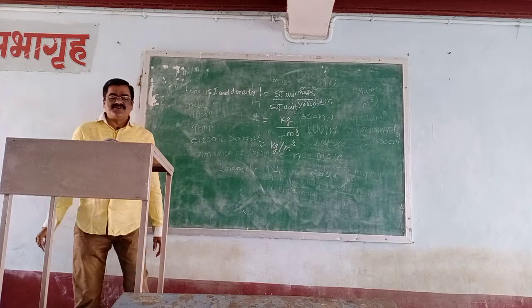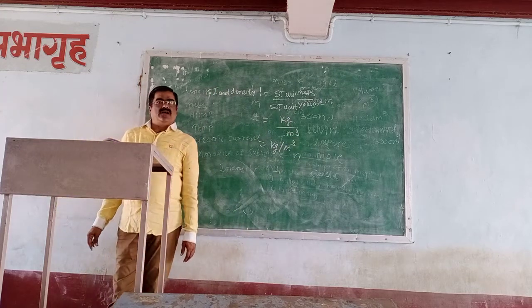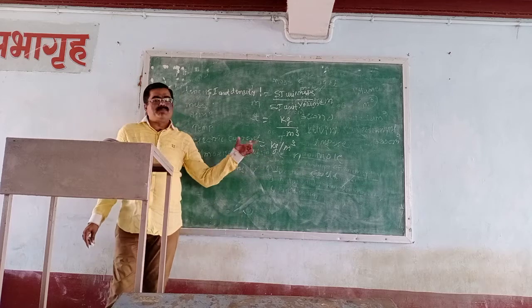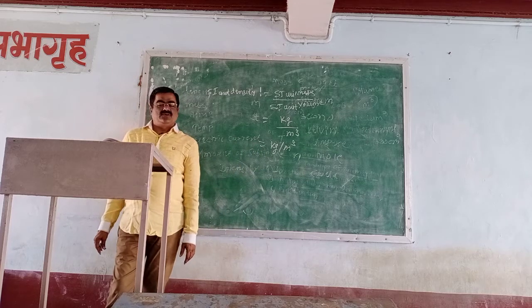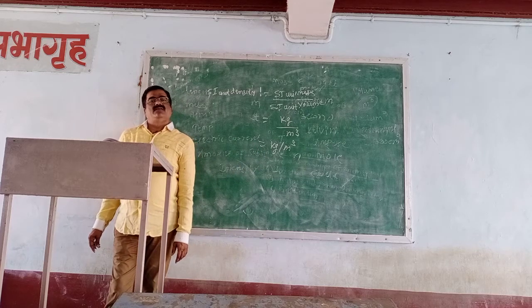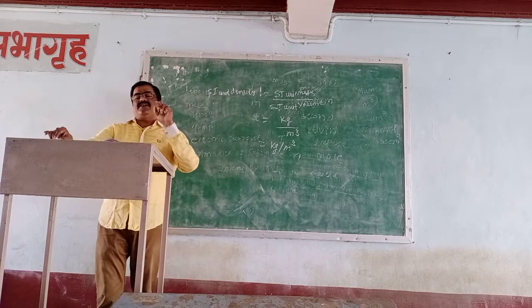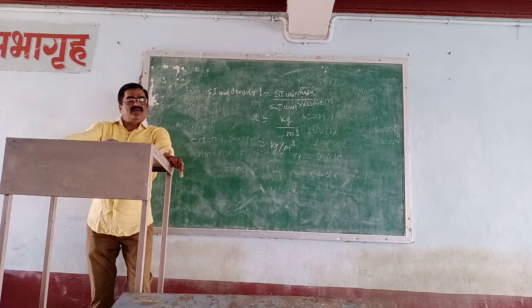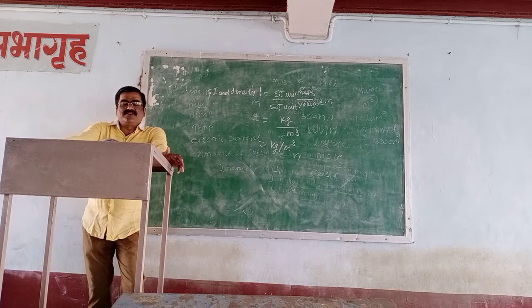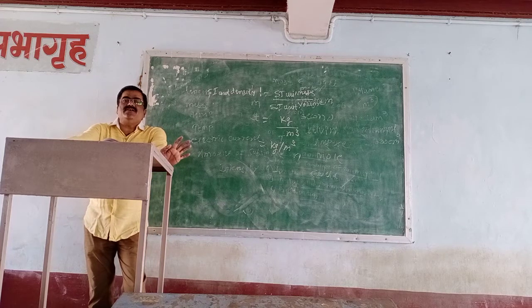In the CGS system, it is gram per centimeter cube or gram per liter. Density of a substance is its mass per unit volume.